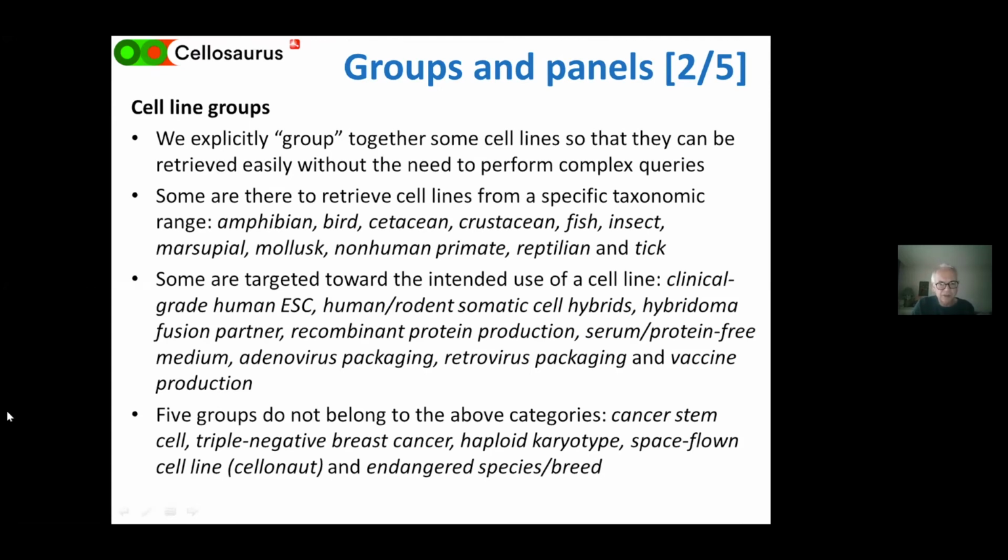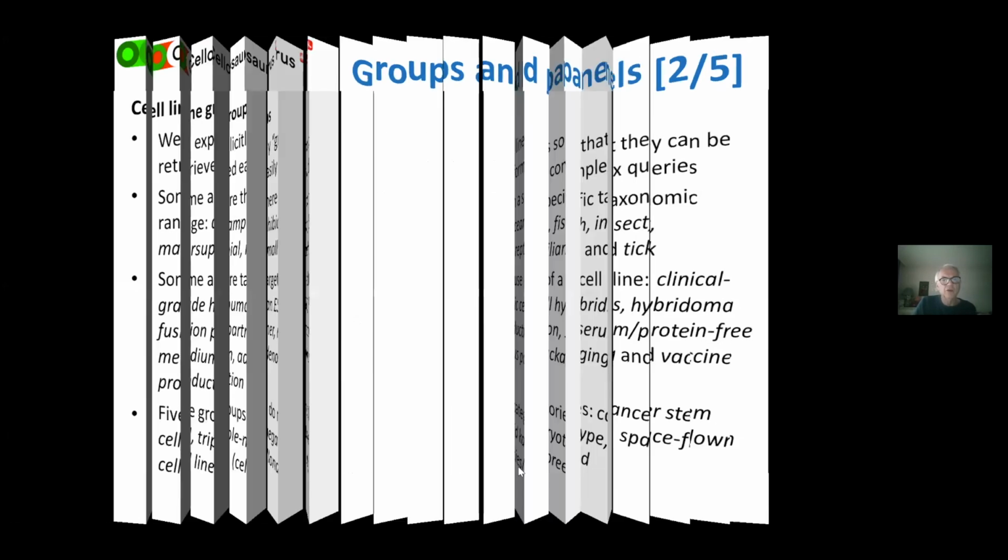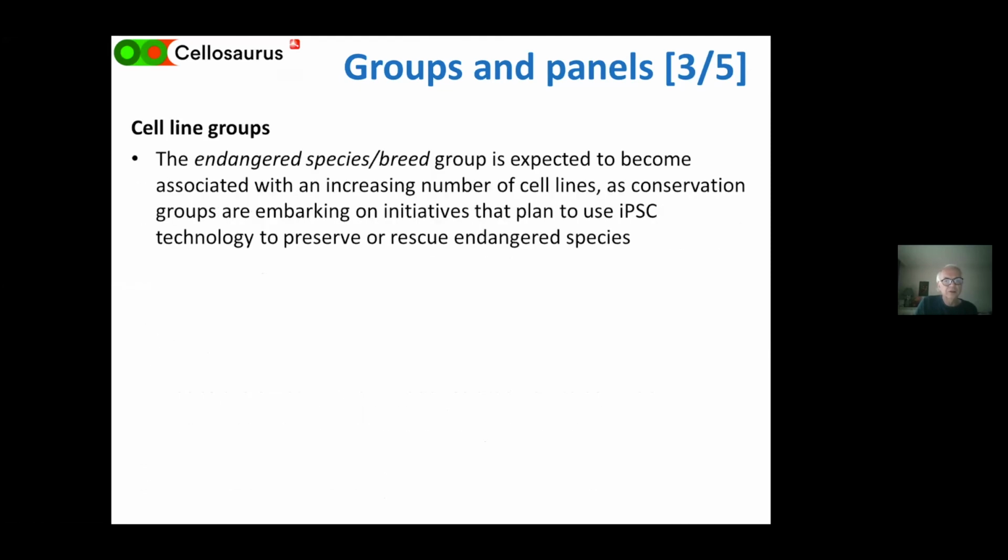The last one is interesting, endangered species and breed, because more and more cell lines are going to be developed for conservation of organisms, by using pluripotent stem cells to keep the germ line of endangered species to rescue or preserve them.